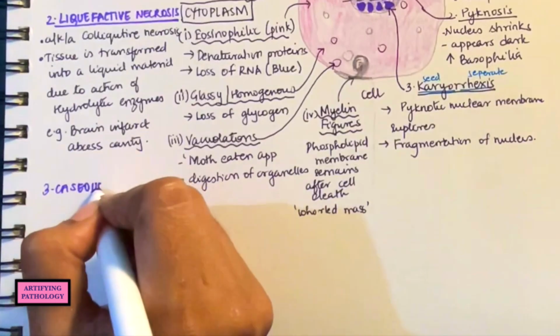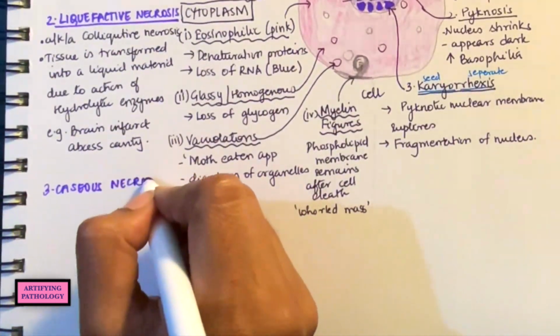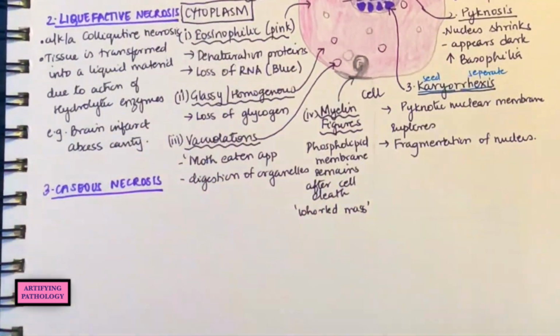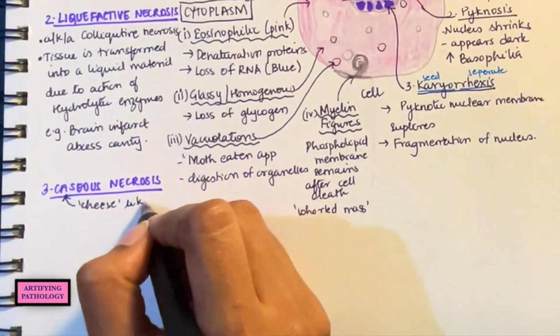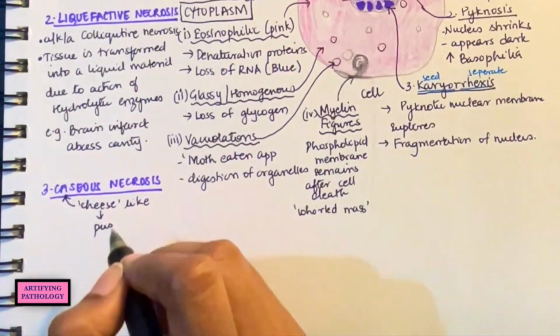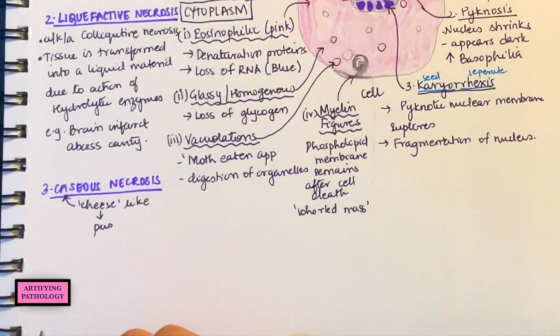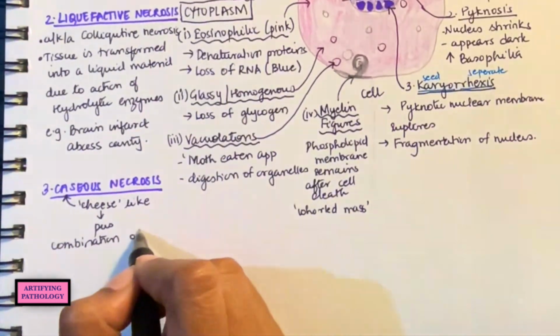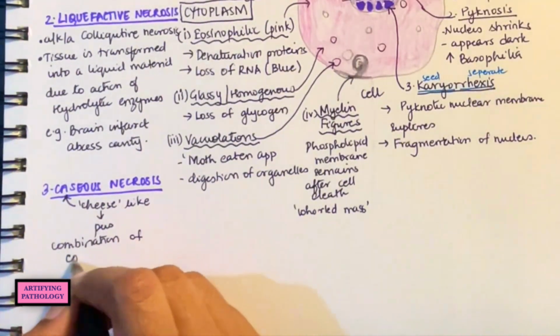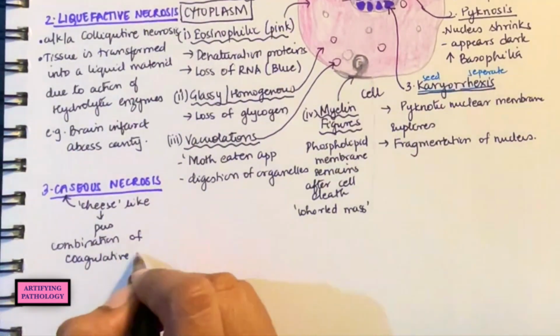Next is caseous necrosis. So caseous means cheese-like, and here we refer to cheese as pus. So in caseous necrosis, it is a combination of coagulative necrosis and liquefactive necrosis.